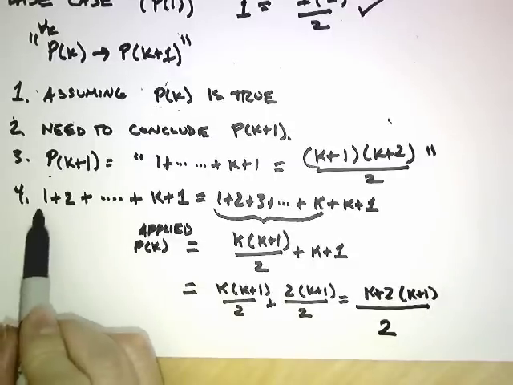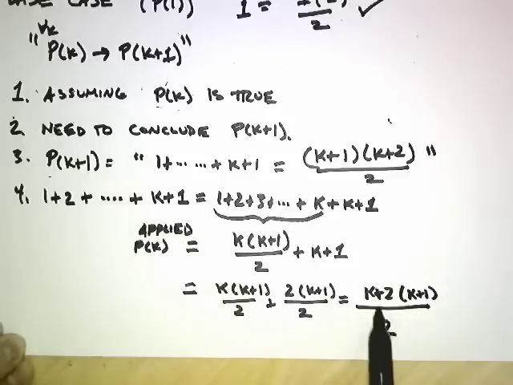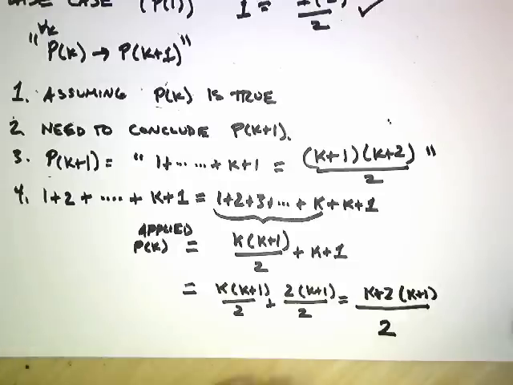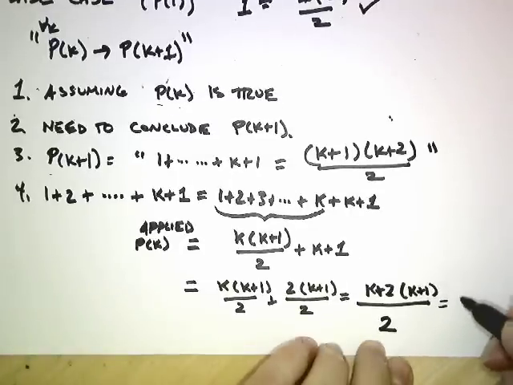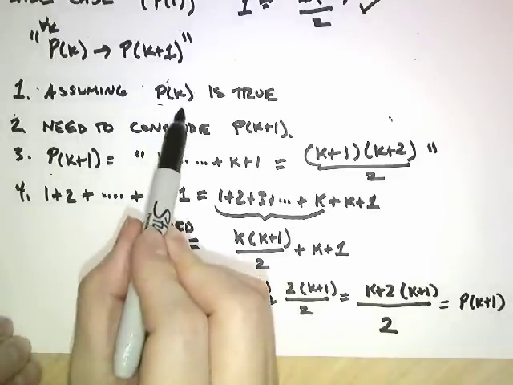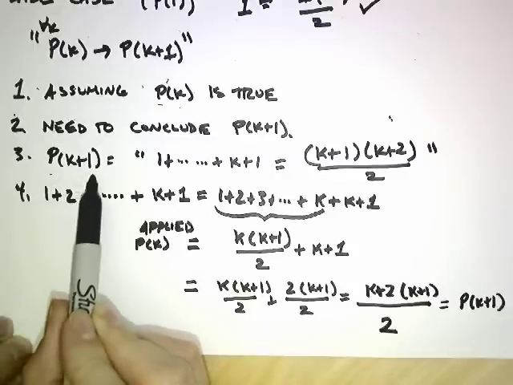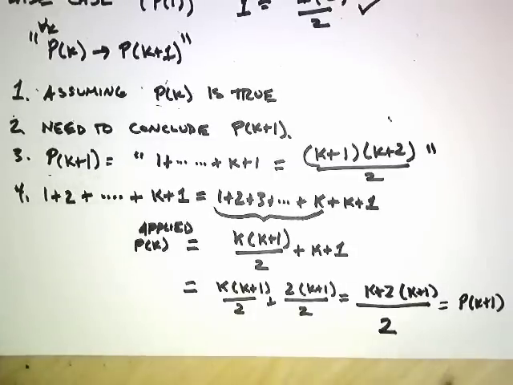Now notice we proved that the sum of the first k plus 1 integers is equal to k plus 2 times k plus 1 over 2, and this is exactly what we wanted to prove. This is P of k plus 1. So we started by assuming P of k was true, we ended up proving that P of k plus 1 is true, and that completes the inductive proof.